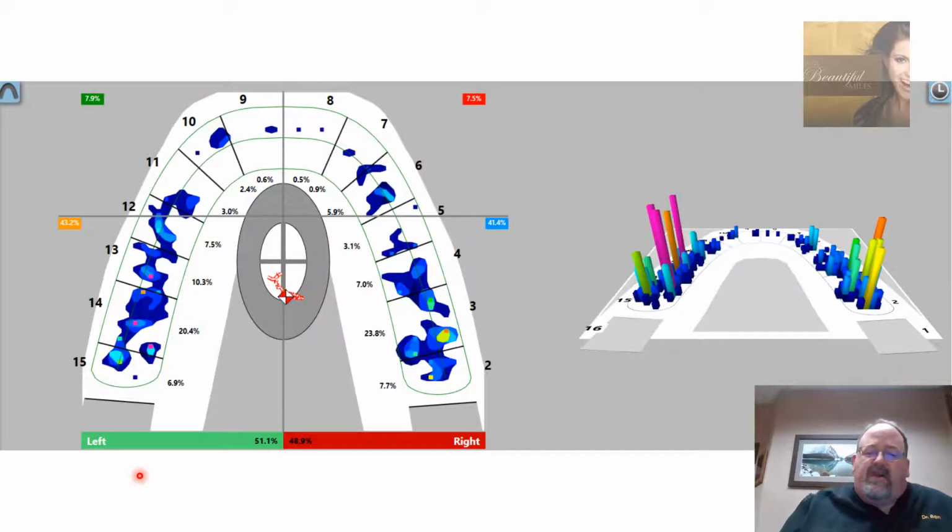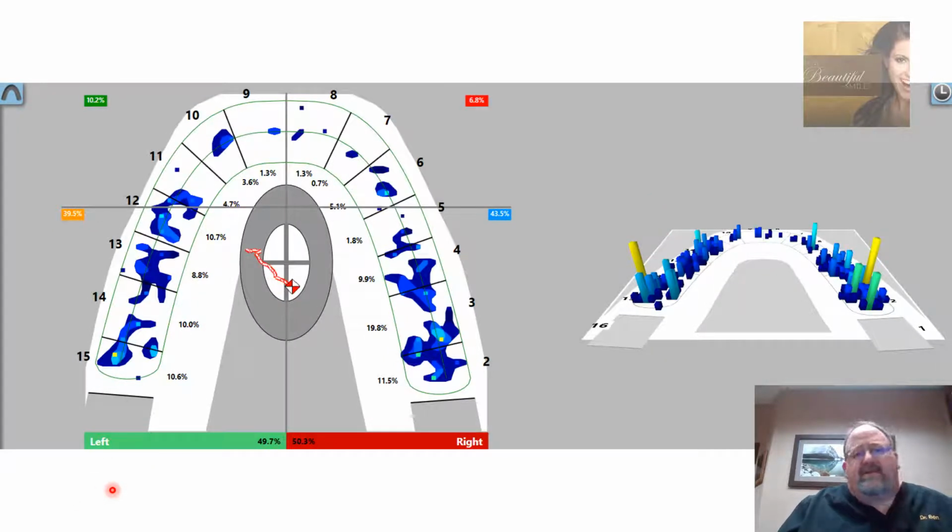So this is her pre-scan, and her post-scan looks like this. So again, she's pretty much balanced 50-50, but if you walk around and look at all of the bite force distribution on individual teeth, that one's a little high, and we did go ahead and adjust that just a touch.